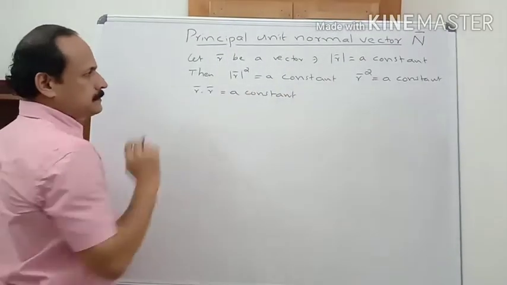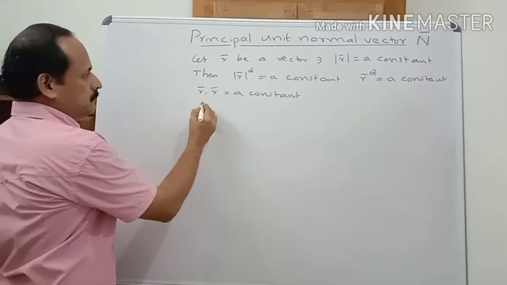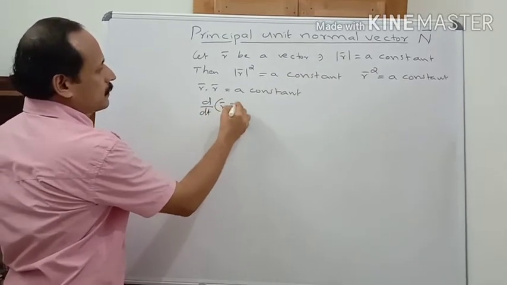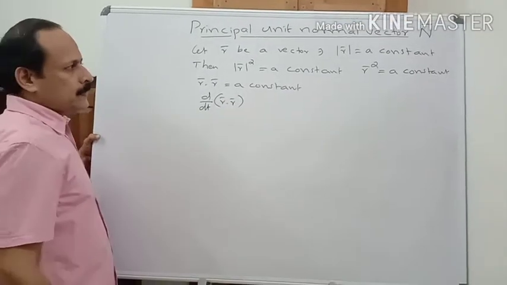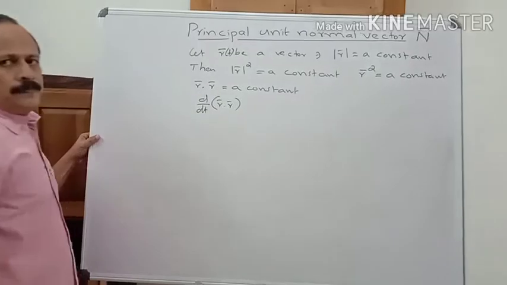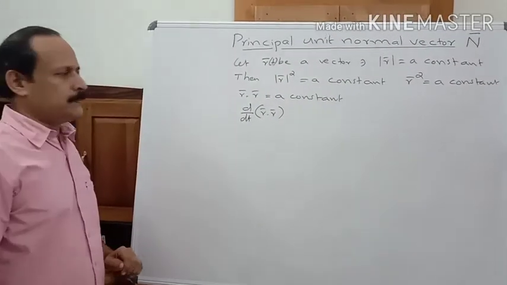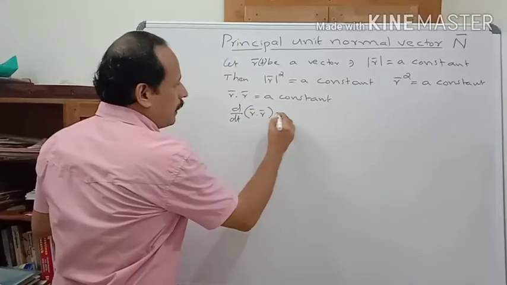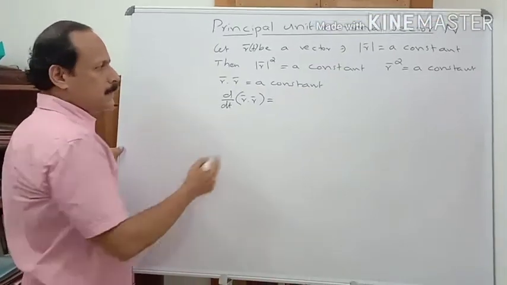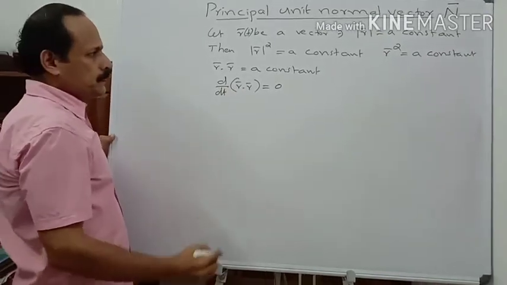And you take derivatives on both sides with respect to t. That is d by dt of r bar dot r bar, where we assume that r bar of t is a parameterization of a curve, and this d by dt of r bar dot r bar equal to derivative of constant which is 0.